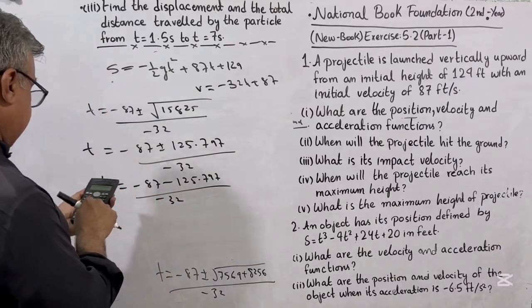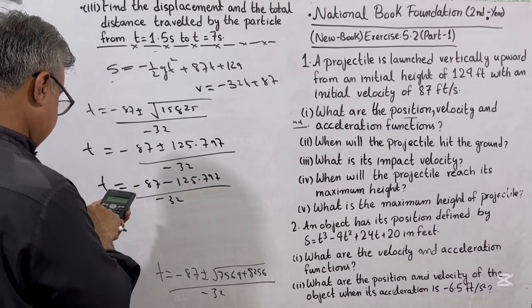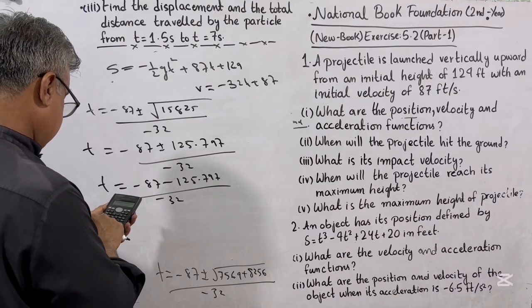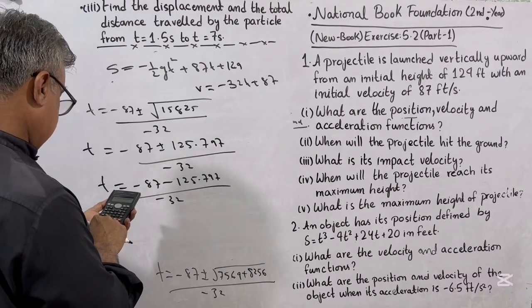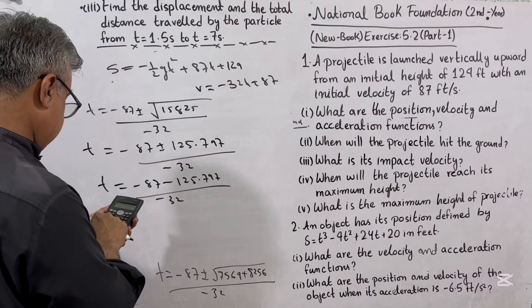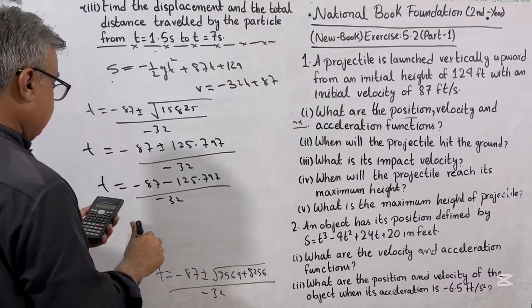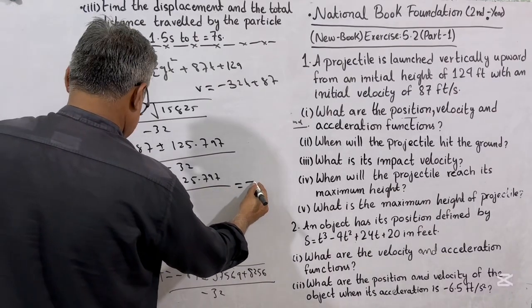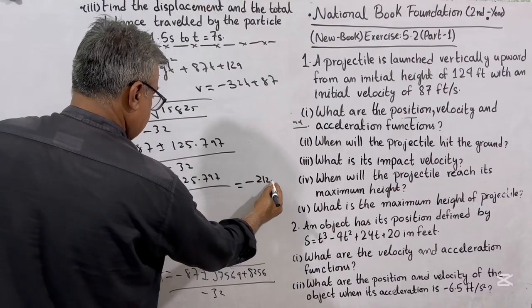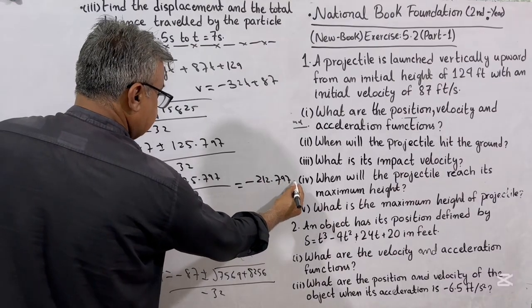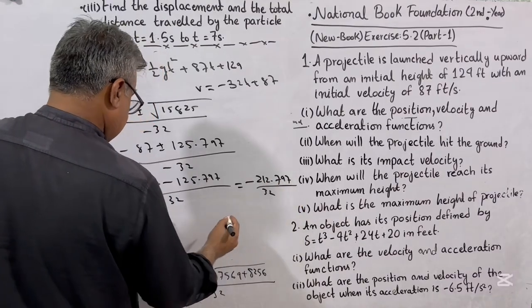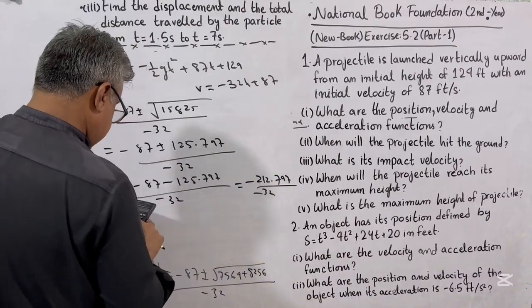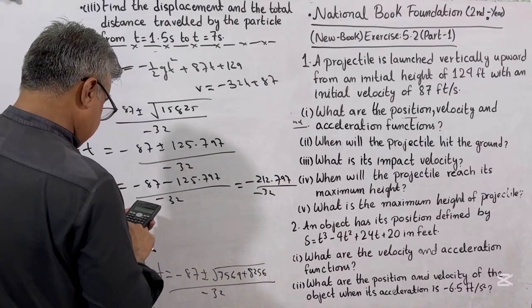What do we get, let's see. 87 plus 125.797 is 212.797, negative, divided by negative 32. The minus signs cancel out, divided by 32.